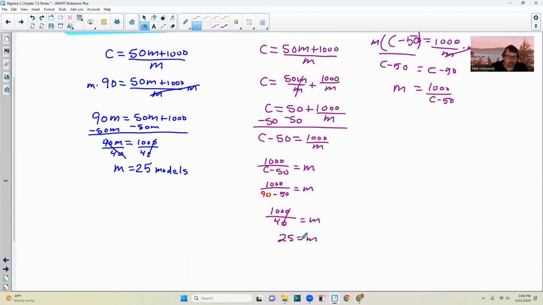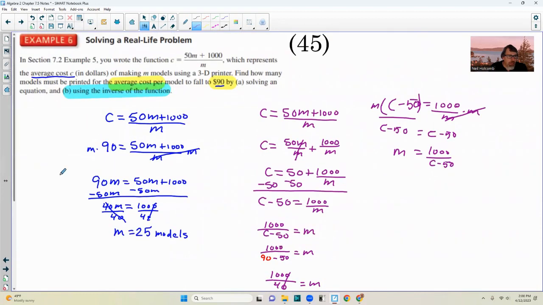So again, we get m equals 25 models. Either way you want to do it, you can substitute in 90 and solve for m, or you can solve for m first and then substitute in 90. Now you should be able to do problem number 45 in the exercises.